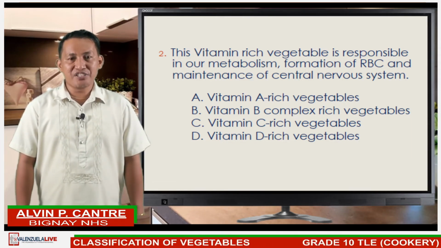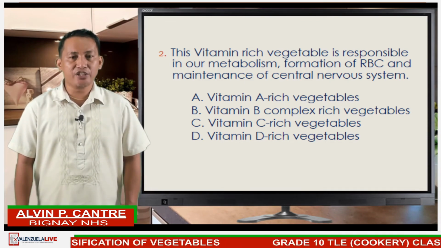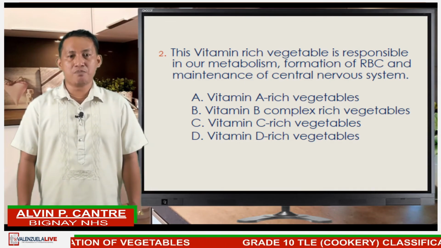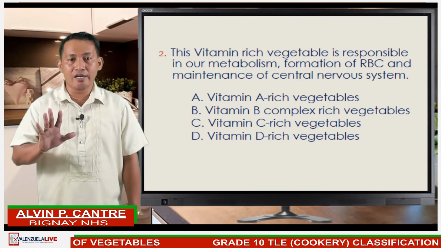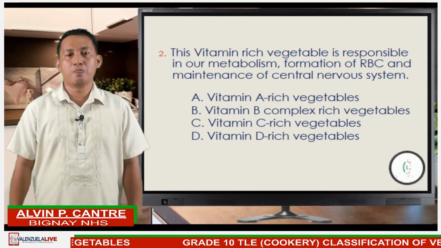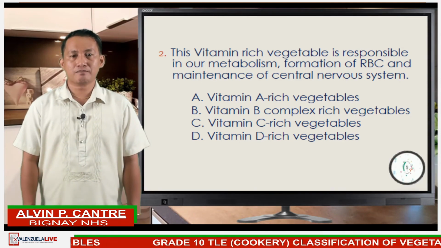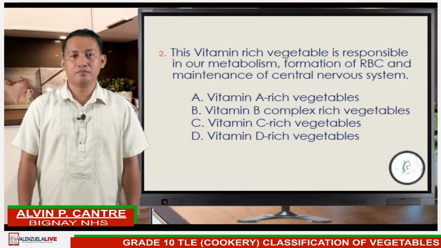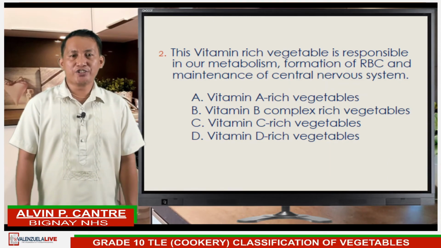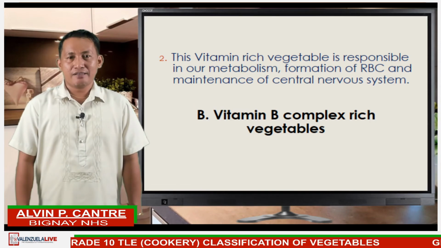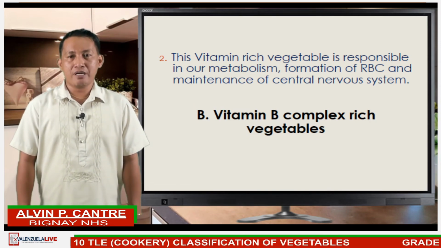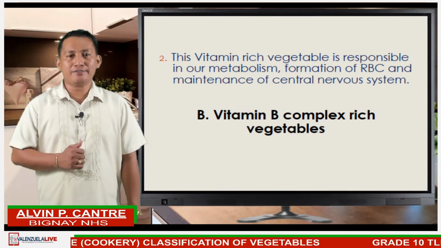C. Vitamin C-rich vegetable. Or is it letter D, vitamin D-rich vegetables? Your 5 seconds starts now. If you answered letter B, then put a check on your paper because you are correct.